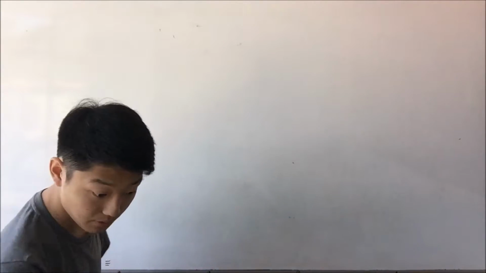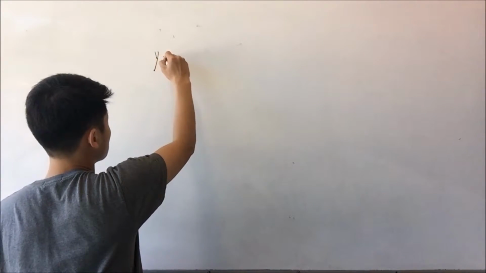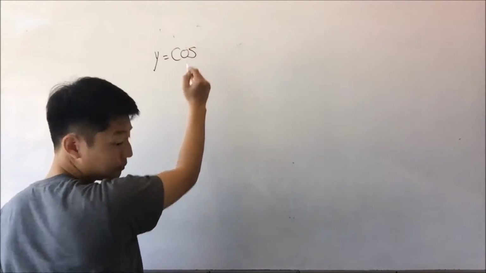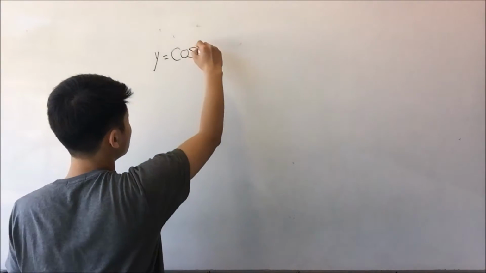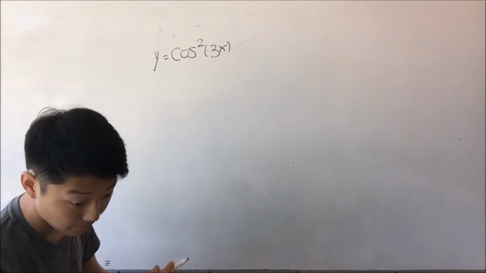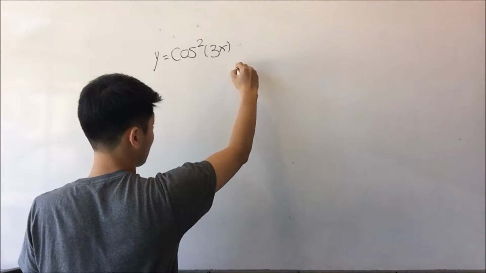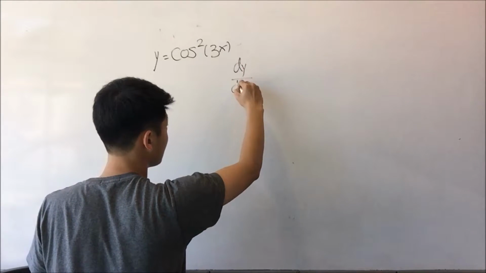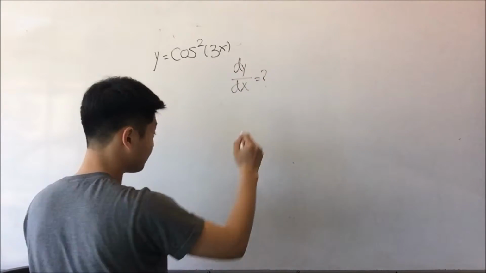Number 9 says, if y is equal to cosine of 2 3x, then what is dy/dx?